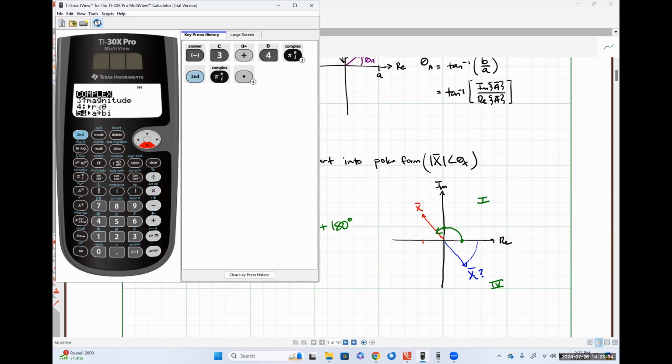So these are this particular calculator's way of just automatically converting into polar form specifically or rectangular form specifically.